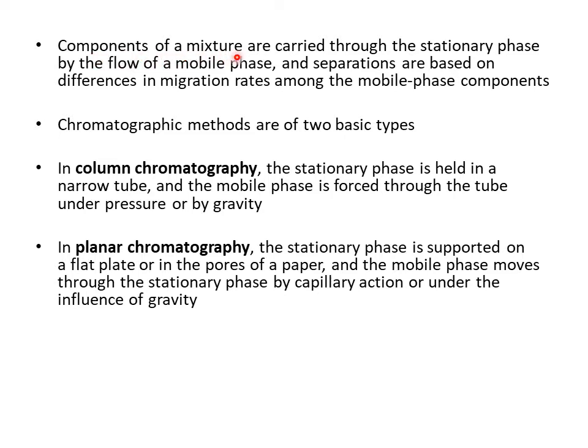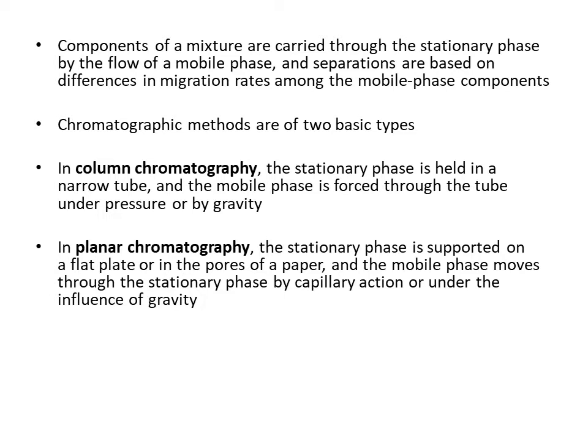Components of a mixture are carried through the stationary phase by the flow of a mobile phase, and separations are based on differences in migration rates among the sample components. What does this mean actually? The mobile phase carries the components of our sample over the stationary phase, and the different components each have different affinity towards the stationary phase and the mobile phase.